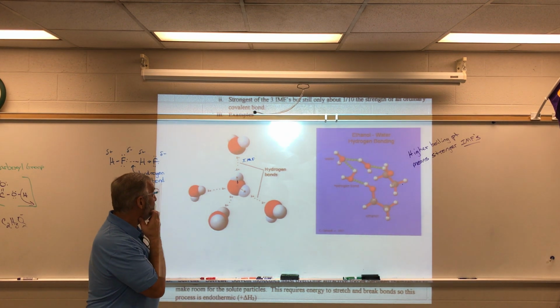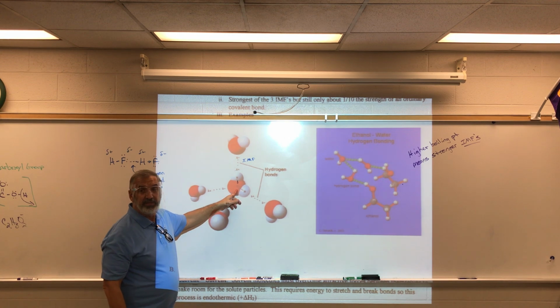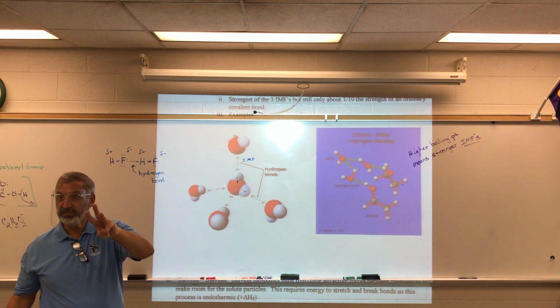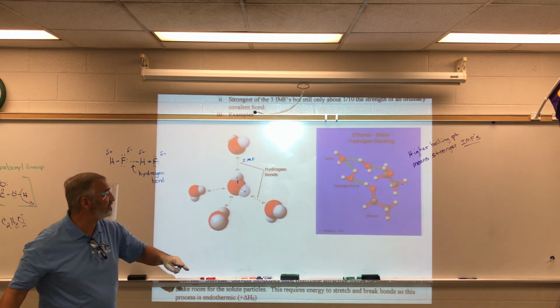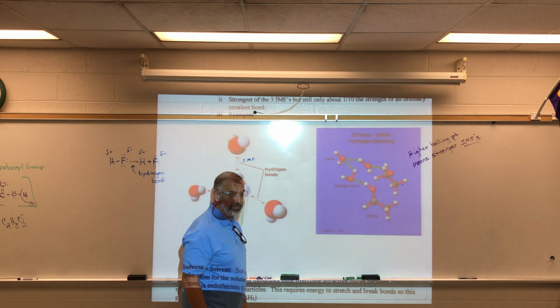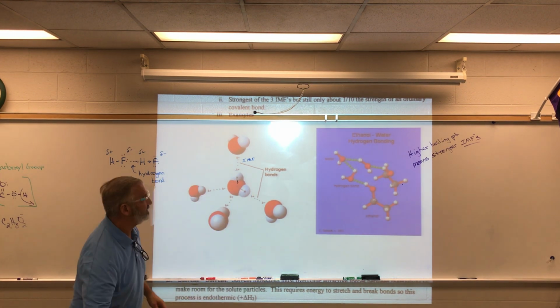All right. Does everybody understand hydrogen bonds? Two things that you've got to look for: fluorine, oxygen, nitrogen, and that the hydrogen is attached directly to that. Okay? We have fingernail polish remover, acetone.